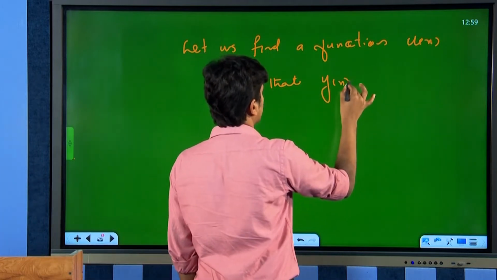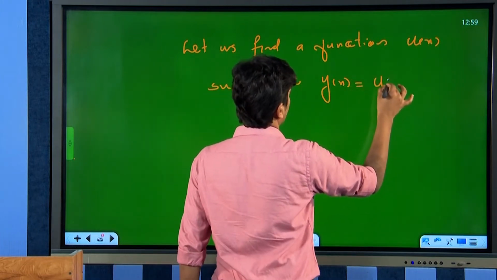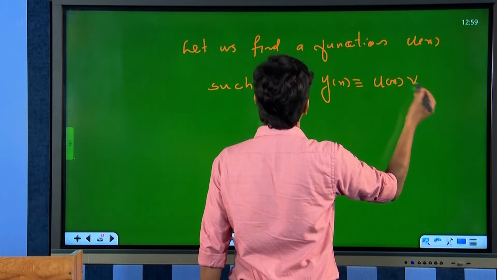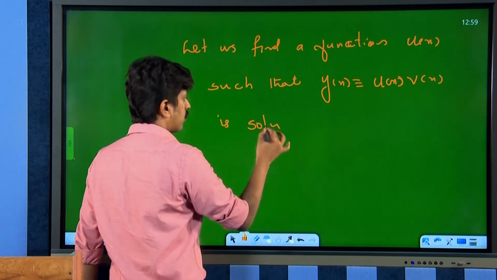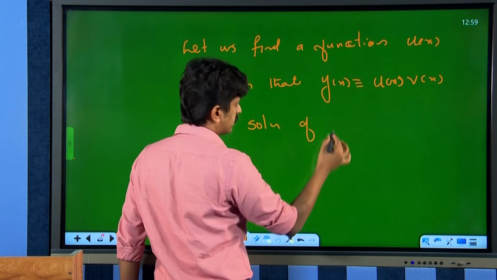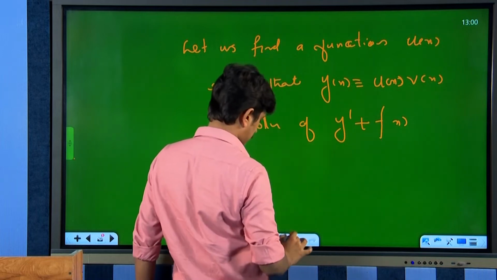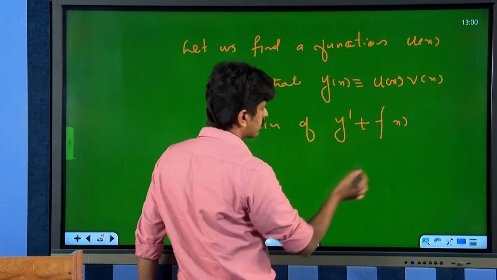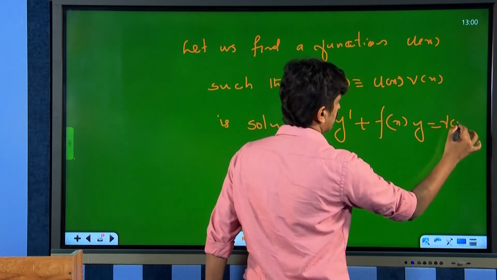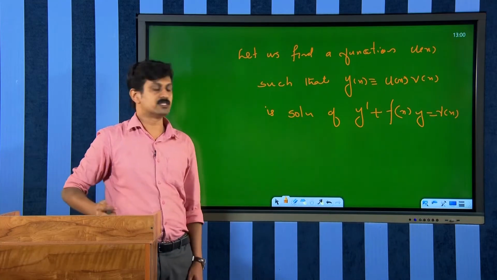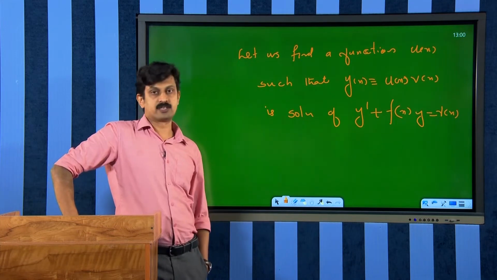That is, y of x equals u of x into v of x is a solution of our non-homogeneous linear differential equation y dash plus f of x into y is equal to r of x, the linear non-homogeneous first order differential equation.